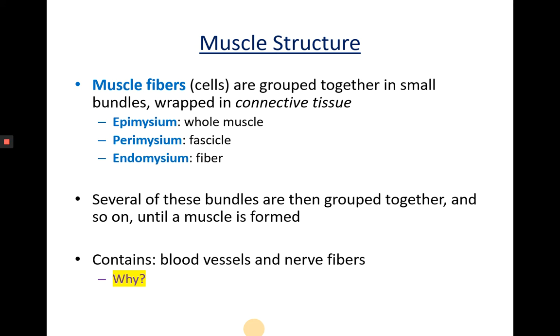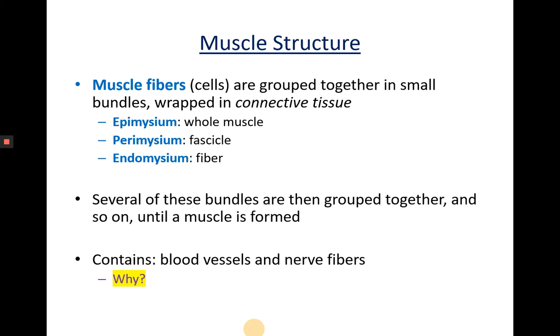All right, so let's look at the structure of muscles per se, because this is going to be extremely important. So muscle cells are going to be known specifically as muscle fibers, and this can get a little confusing because when you think about a fiber, you usually think about a long piece of some type of strand, or you might think of the fibers that connect the internet to your house, for instance. They're going to be these very long, thin fibers.